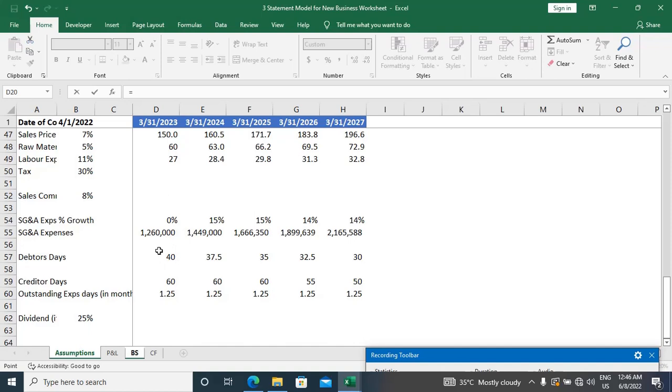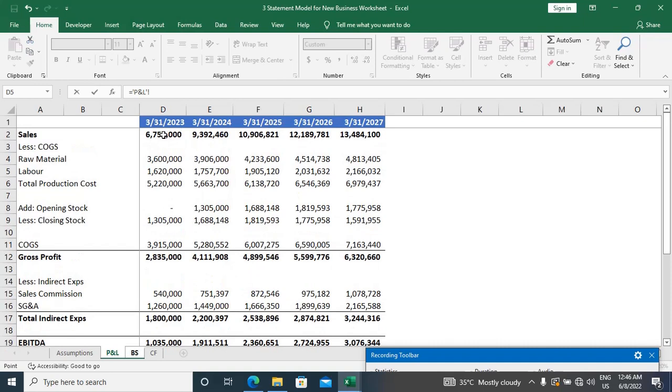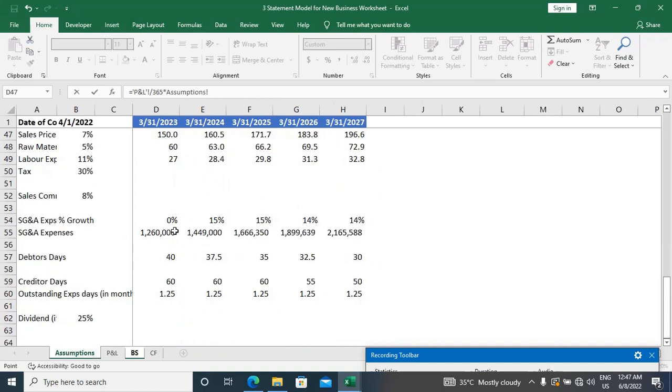Yeah, debtor days were 40 days. So 40 days of what? 40 days of sales. So you have to get the sales first. This is the sales amount divided by 365 multiplied by how many days of sales? Debtor days was this.